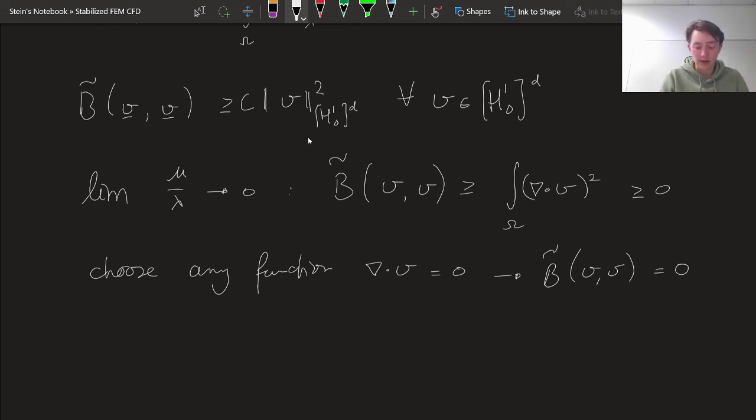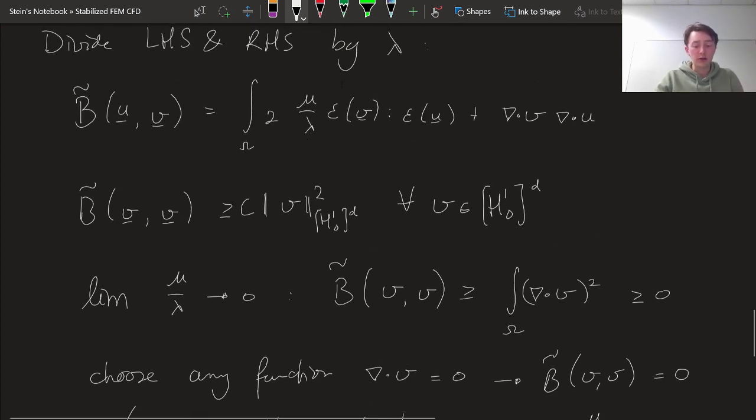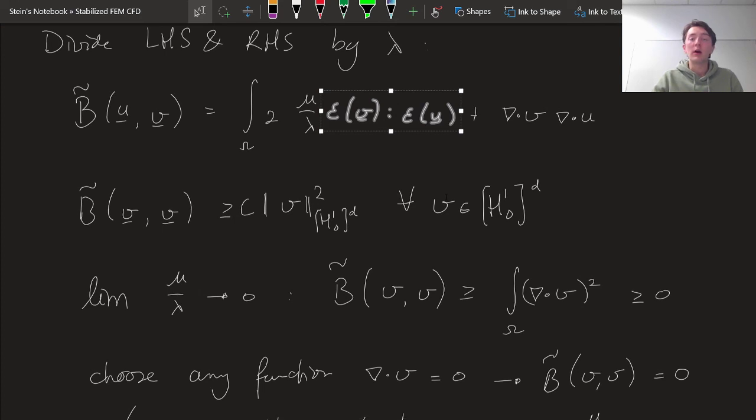So that means that the coercivity constant also limits to 0 as mu over lambda goes to 0, right? So in that sense, it's really this first term here that gives us the coercivity of the bilinear form.